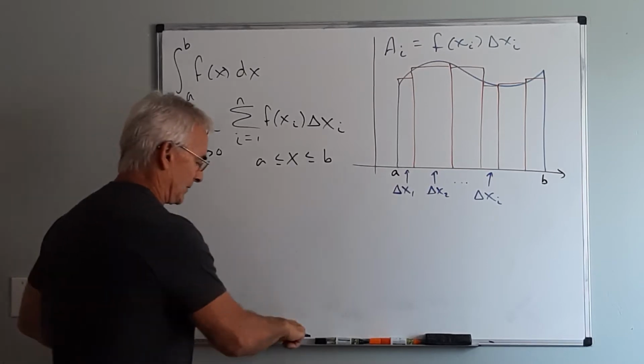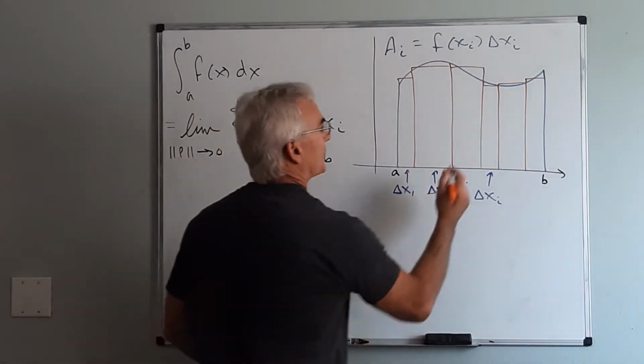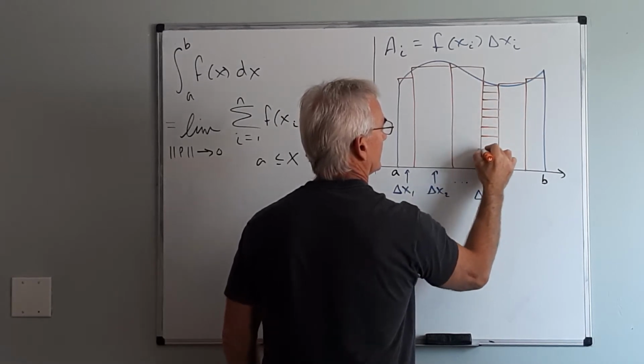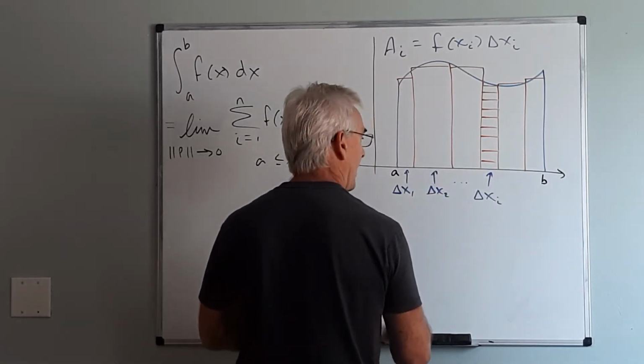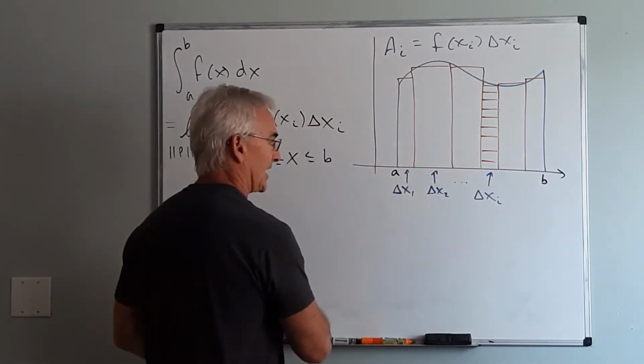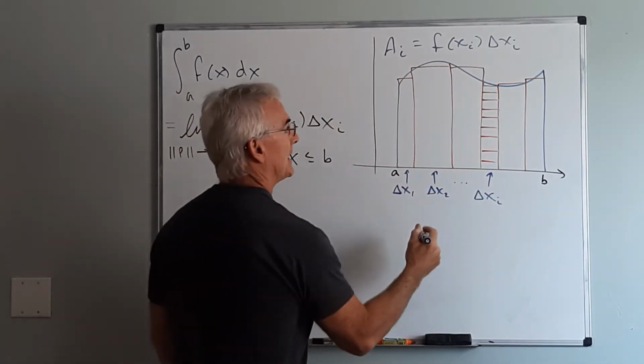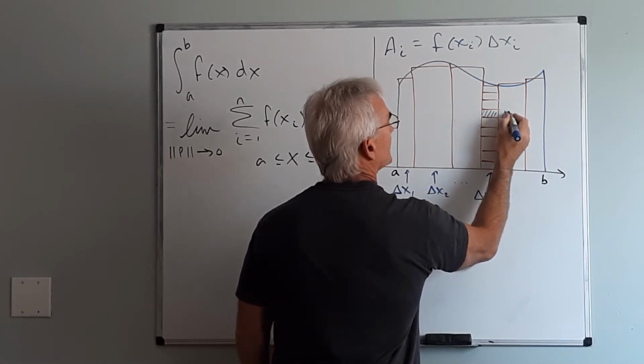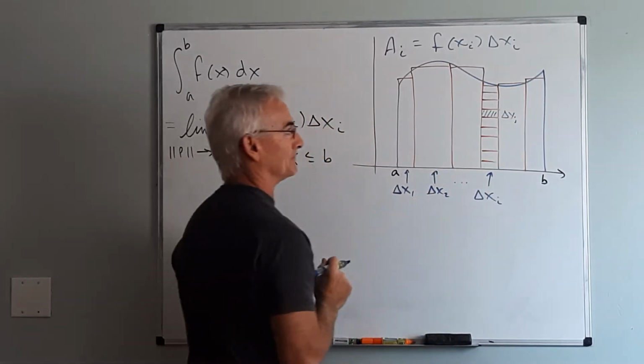So now suppose that on this ith rectangle, I decide to subdivide it further, and I said, let's divide this particular rectangle into, say, m partitions. And let's call this one right here delta y_j.